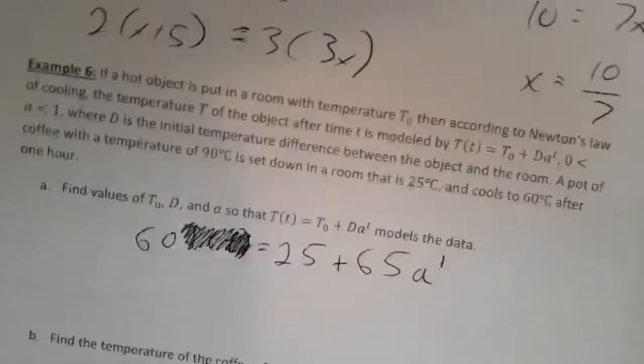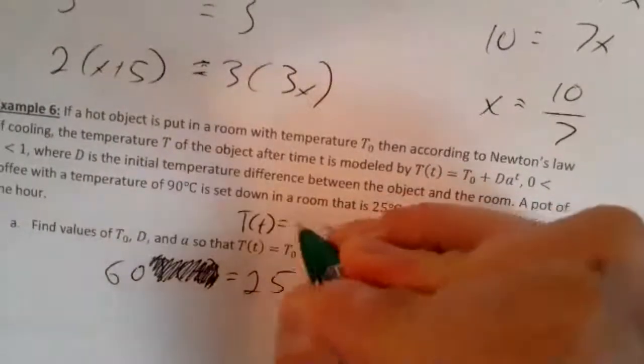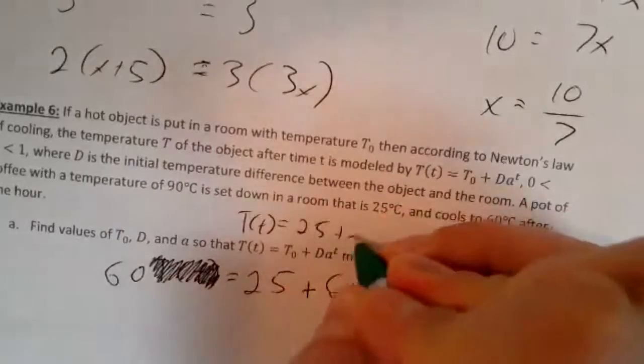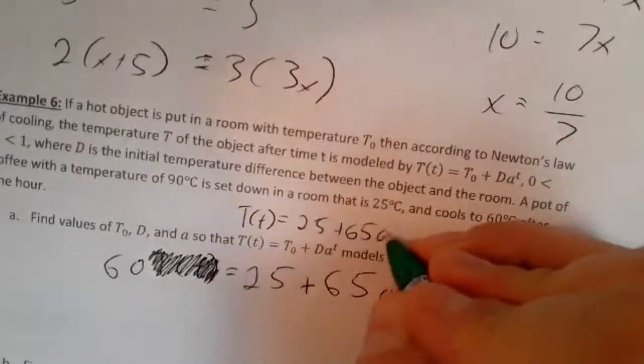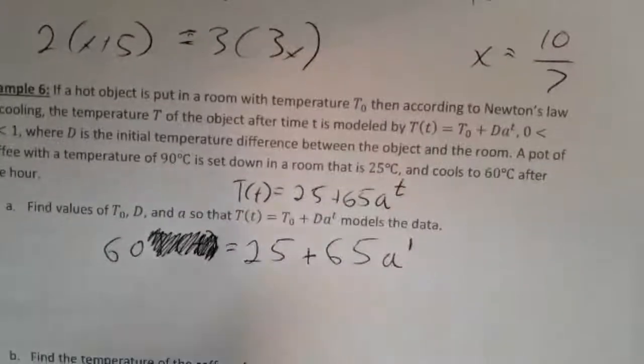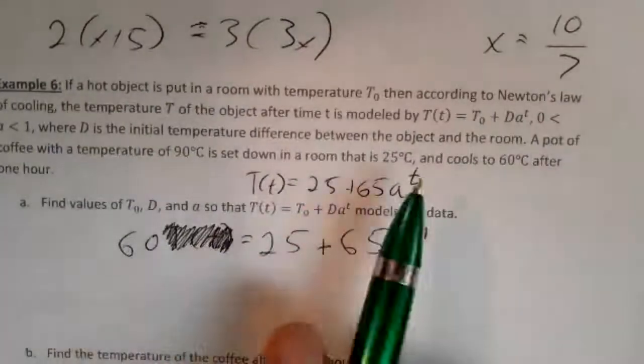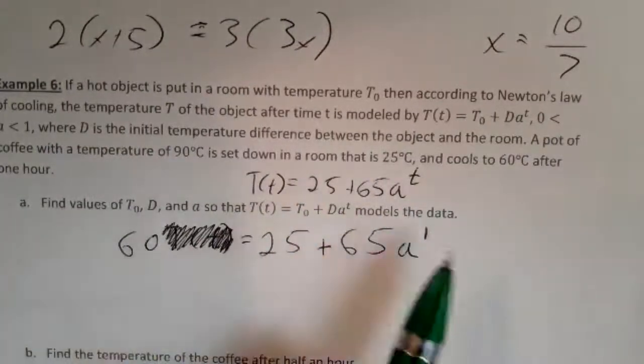I guess I could have written an intermediary step. This is 25, my D is 65, and I know A to the t. When lowercase t is 1, the uppercase T is 60. I could have written this out first and then plugged this in.